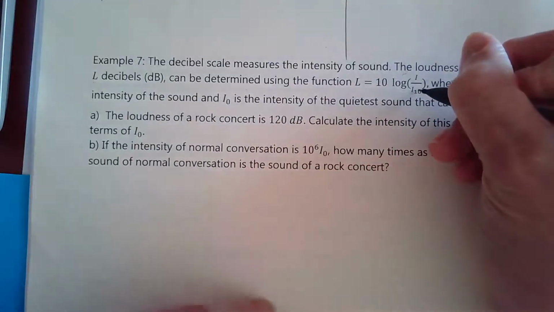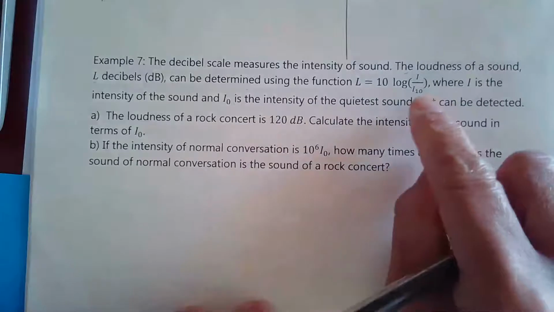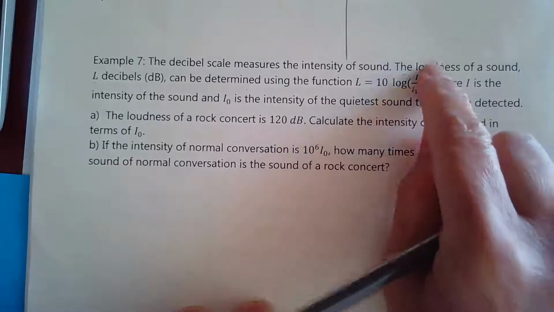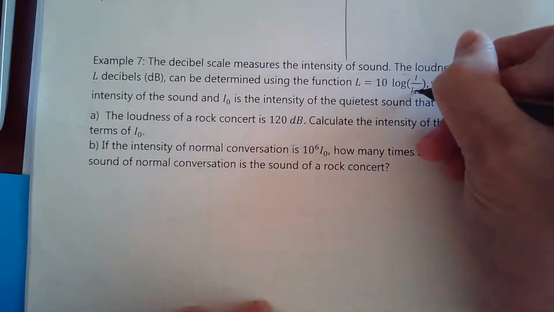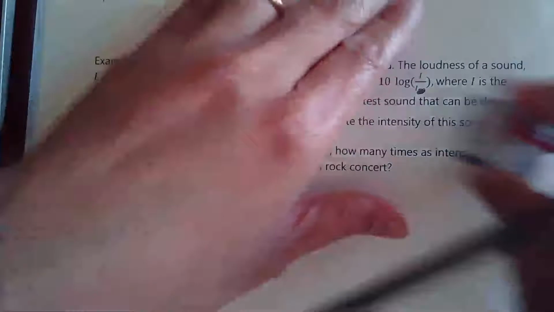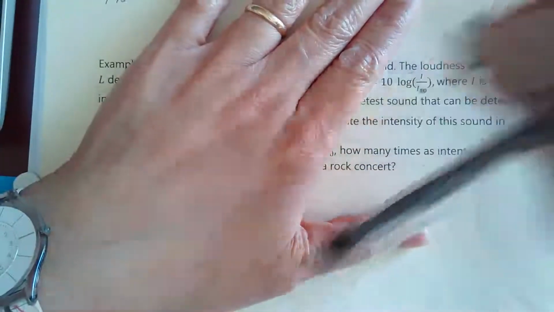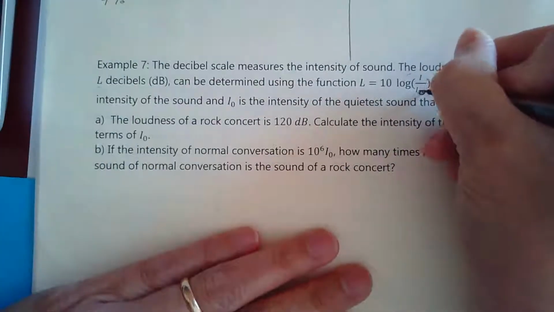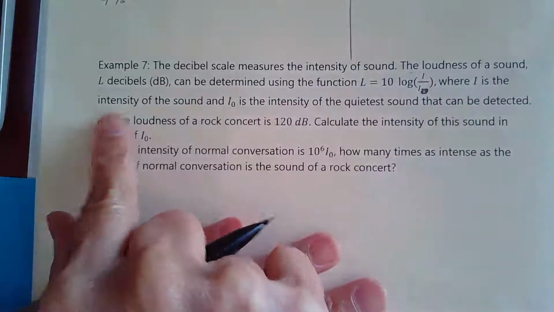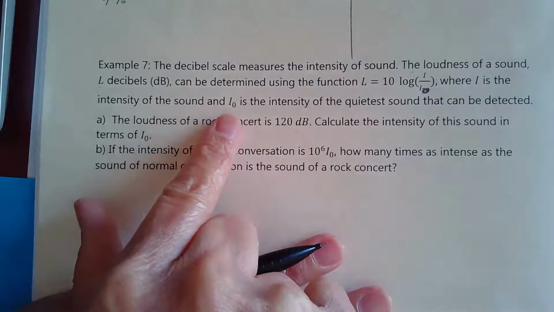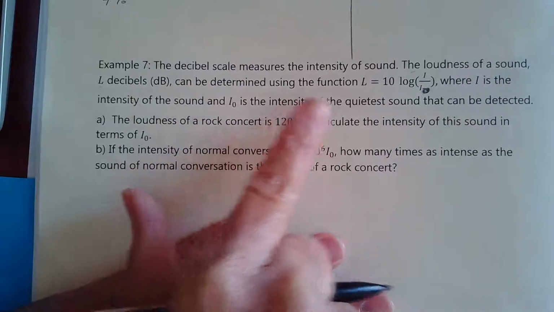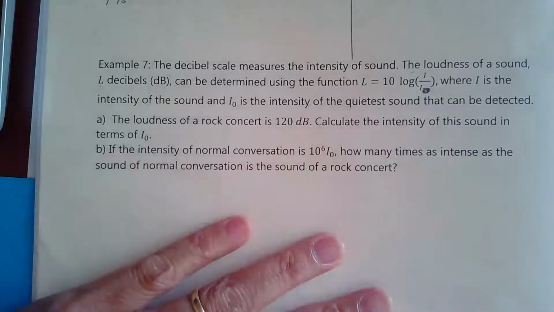I naught. Let's fix this one here, because it says I divided by I, and there should be the circle there: I naught. Where I is the intensity of the sound and I naught is the intensity of the quietest sound that can be detected.